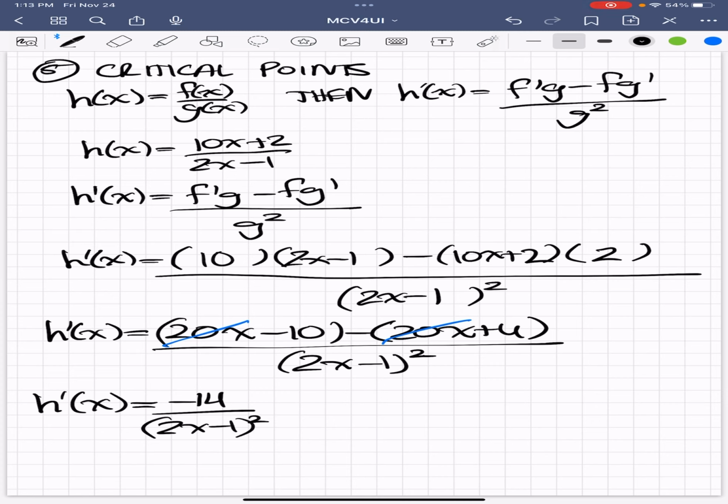And in order to find critical points, we need to set it equal to 0 and solve for x. But there's no way to possibly do that.